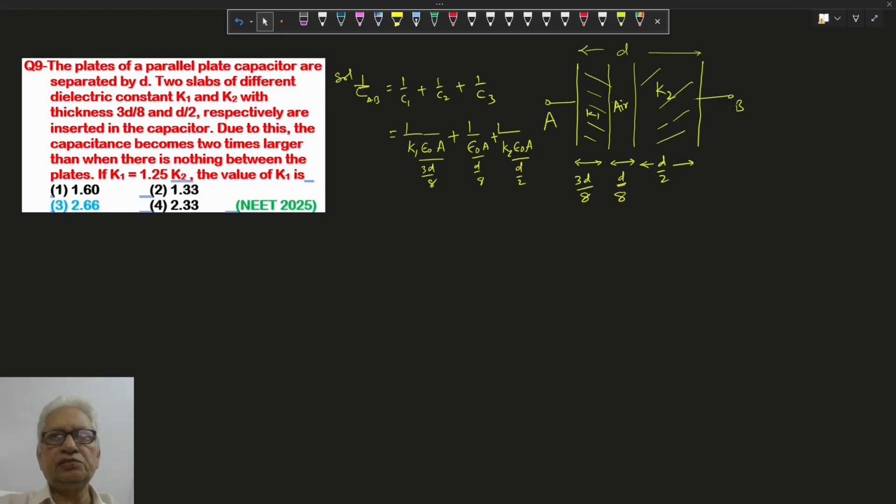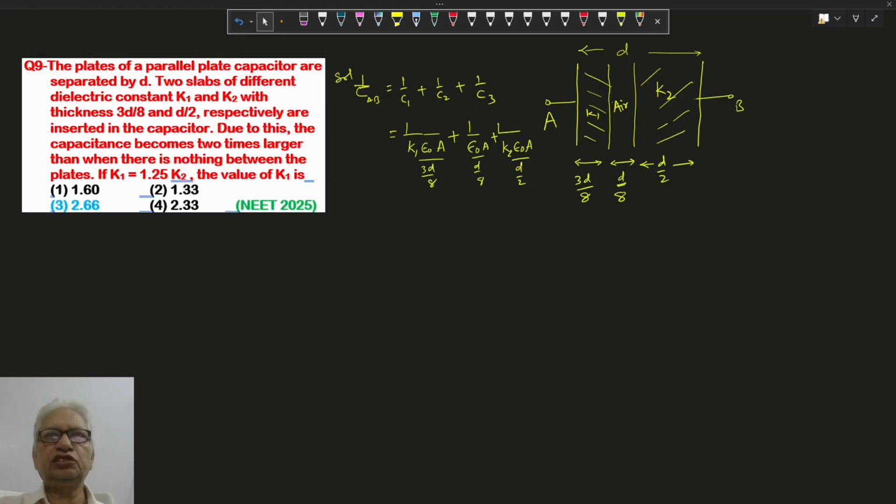And in d by 2 distance, a different material having K2 dielectric constant is filled. In d by 8 distance, air is there. So there are three capacitors C1, C2 and C3 in series. So effective capacitance can be written, the formula here is 1 by C1 plus 1 by C2 plus 1 by C3.